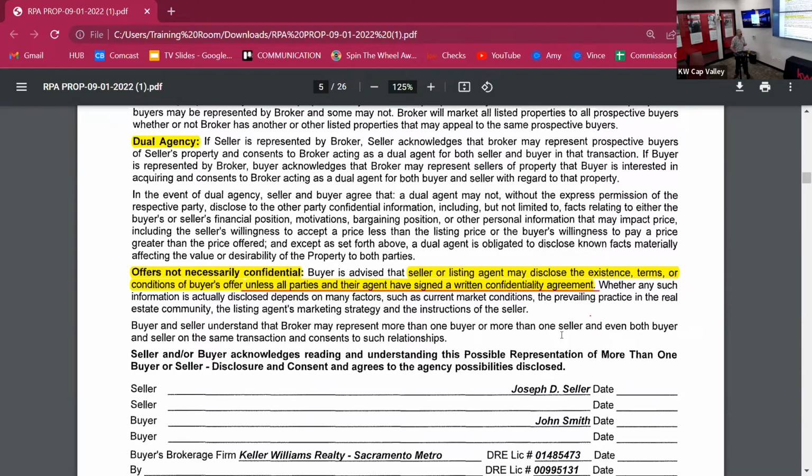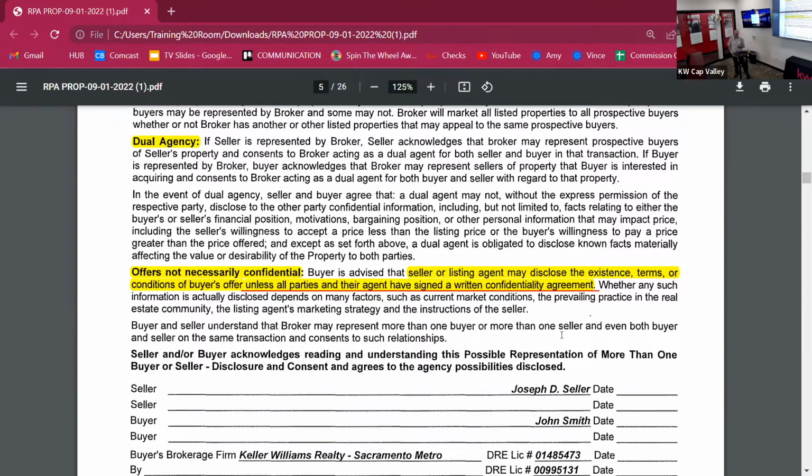So why is this important? This is important because it means that a listing agent who you guys are putting an offer in on, if he wanted to, absent a written confidentiality agreement, he is free to fully disclose the terms of your offer in order to raise somebody else's offer, get a competitive bid.